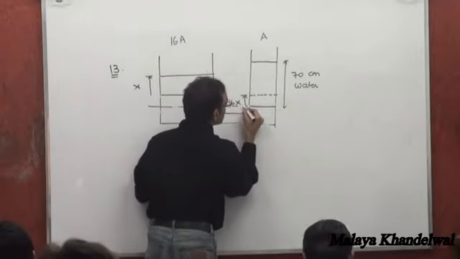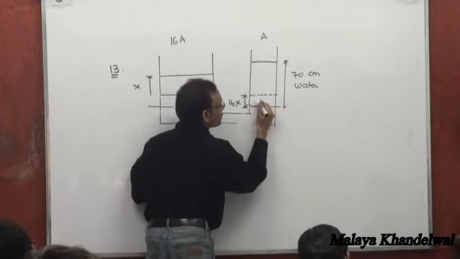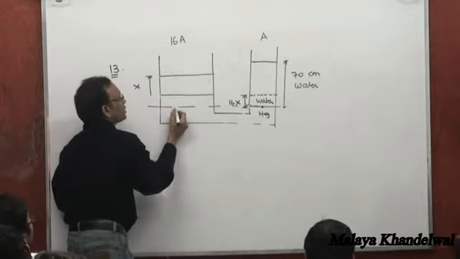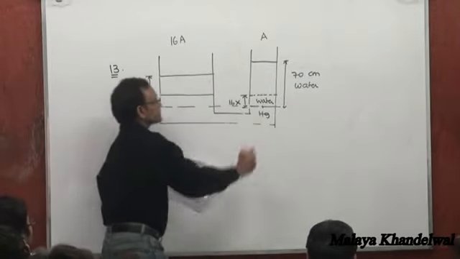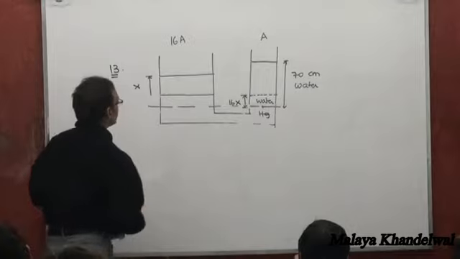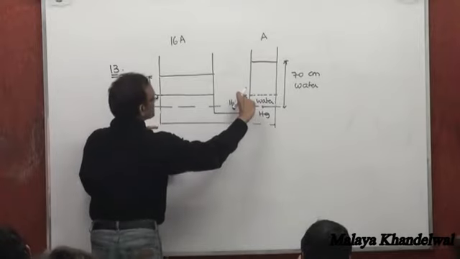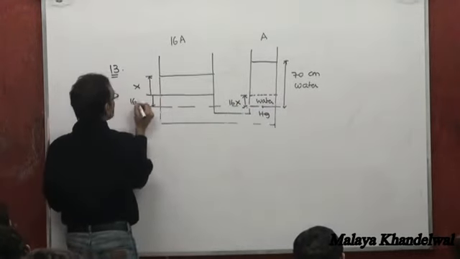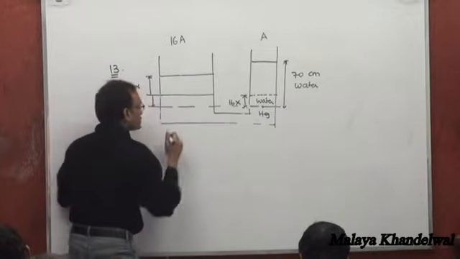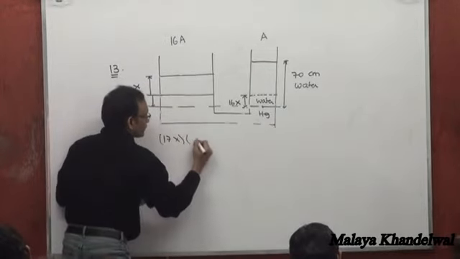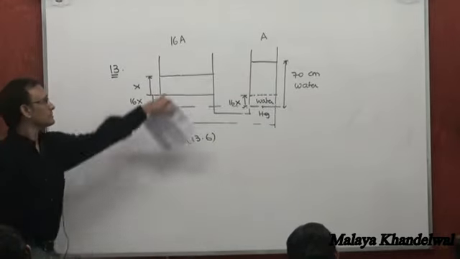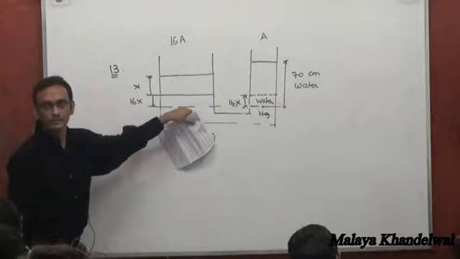Now, this is the interface between water and mercury. So at this interface, I equate pressures in the two lengths. Now, this was x, this is 16x, this is also 16x. So I have 17x units of mercury here, exerting a pressure proportional to 17x into 13.6, right?